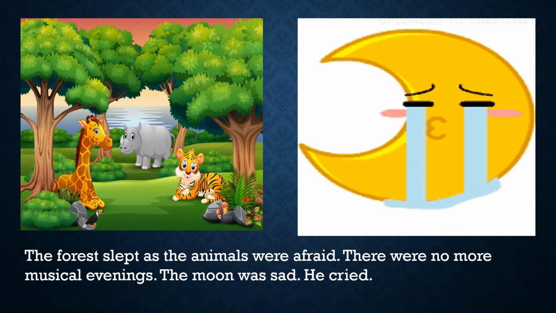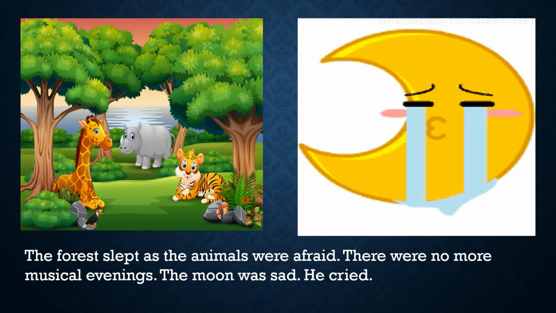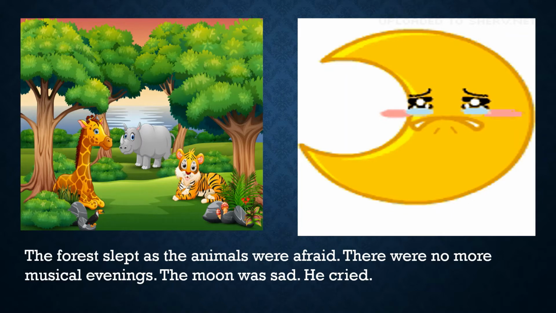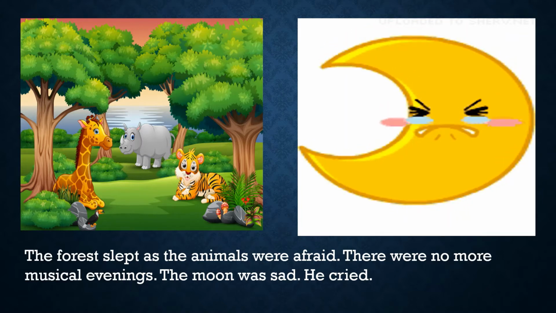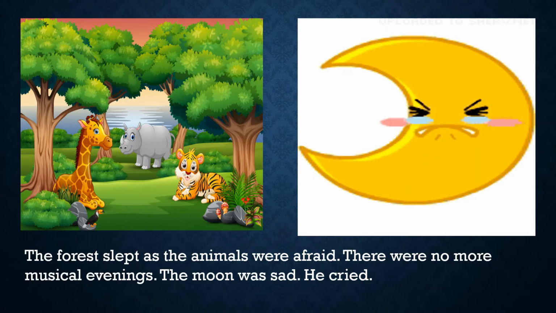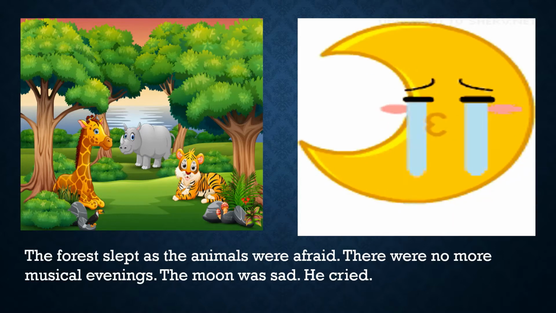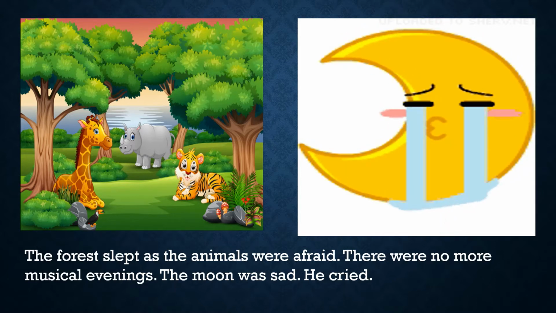All the animals are filled with fear and sorrow. The moon is full of sorrow because the moon was a guest of honor for the musical evenings held by the animals. So now the moon is also very sad, seeing all the animals in fear and in sorrow.